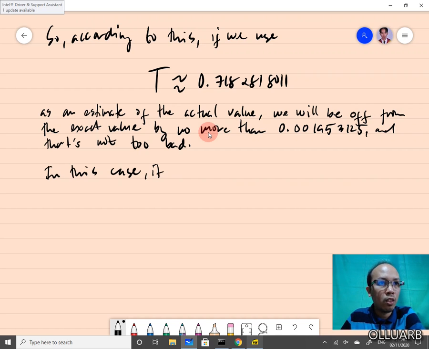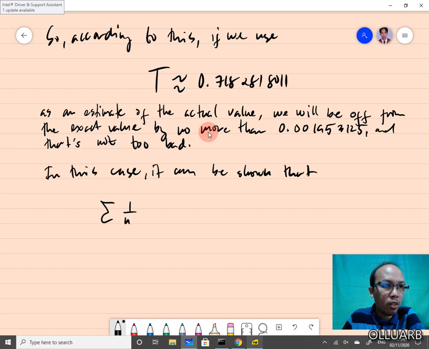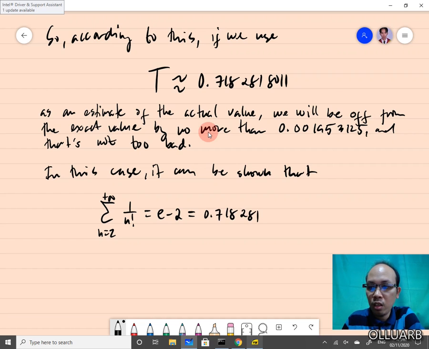Okay, so in this case it can be shown that, again, if you use our online calculator, the sum to positive infinity is equal to e minus 2, which in decimal value is 0.7182818285.